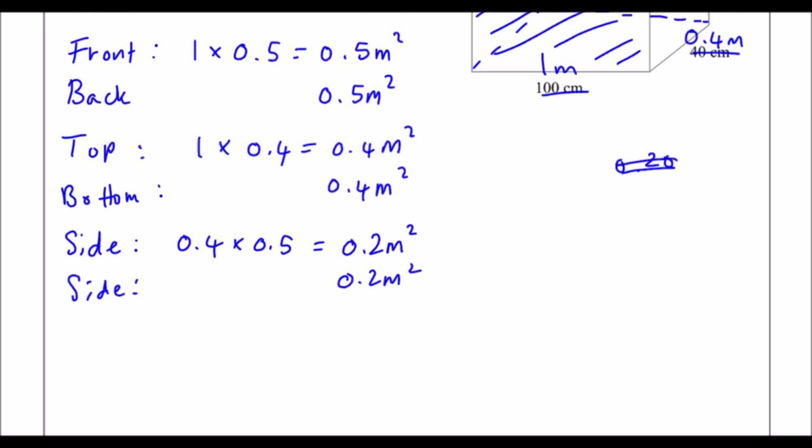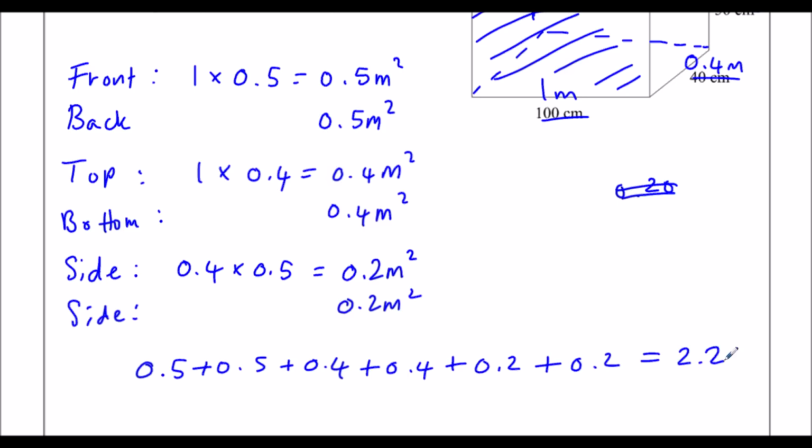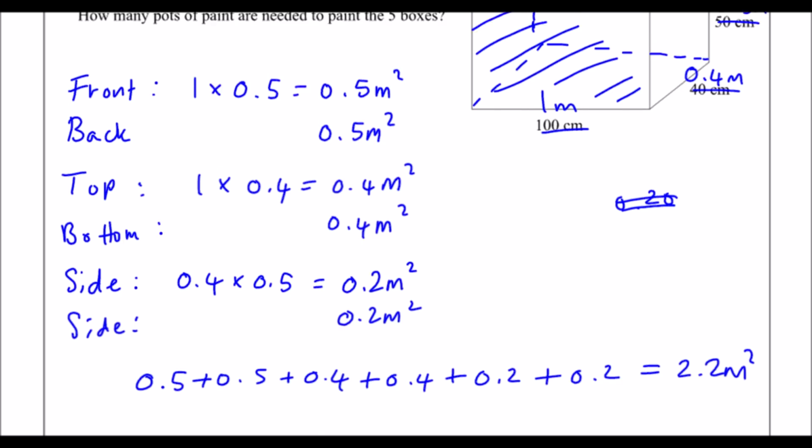So what's the total surface area? 0.5 plus 0.5, that's 1. Plus 0.4, 1.4. Plus another 0.4, 1.8. Plus 0.2, which is 2. Plus another 0.2, 2.2 meters squared. So the total surface area is 2.2 meters squared.